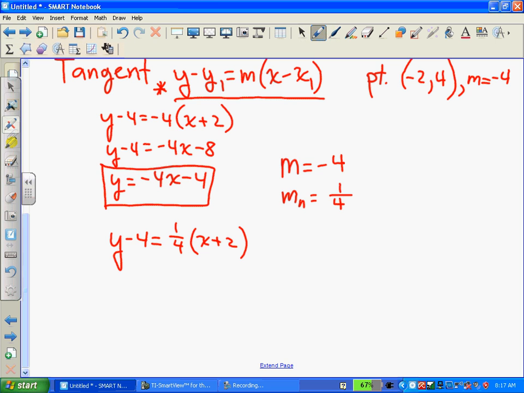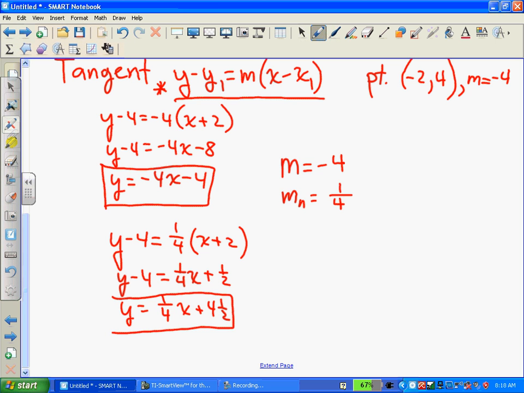Simplify that, we get y minus 4 equals 1/4 x plus 1/2. Add 4 to both sides, and we get y equals 1/4 x plus 4.5. So this is the equation of our normal.